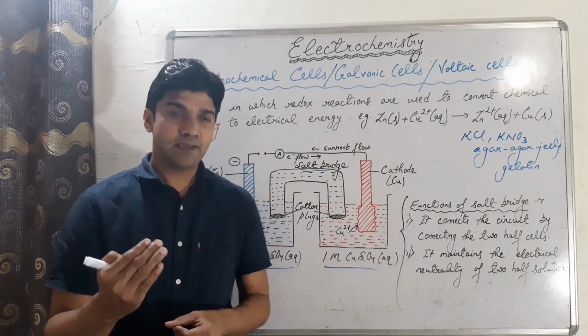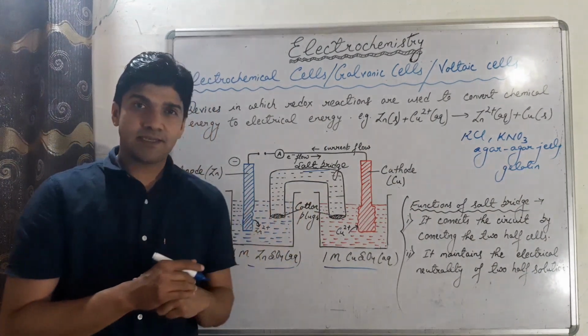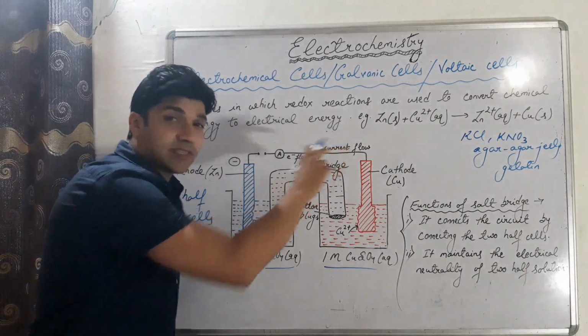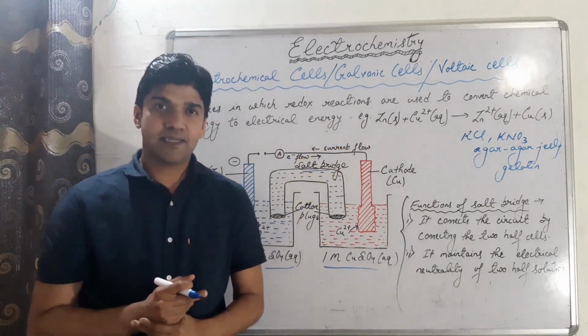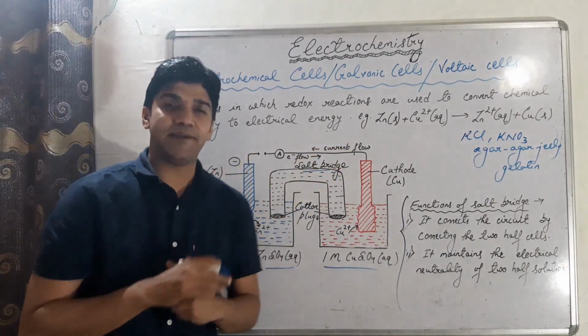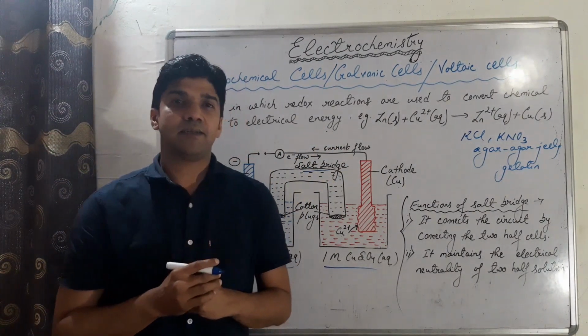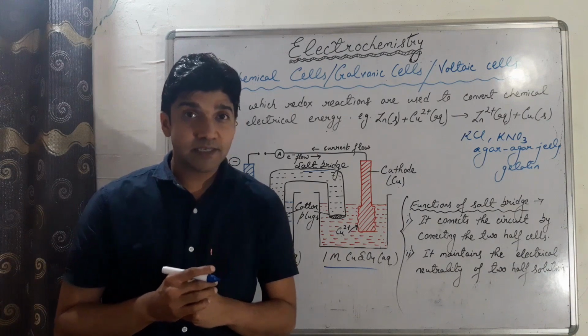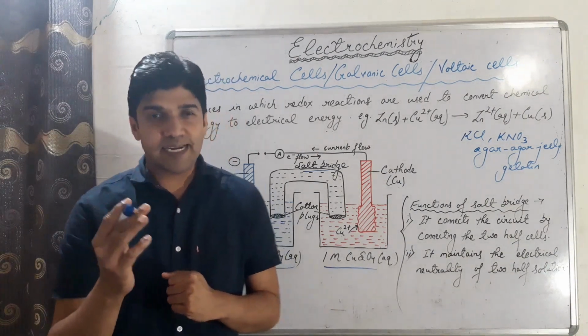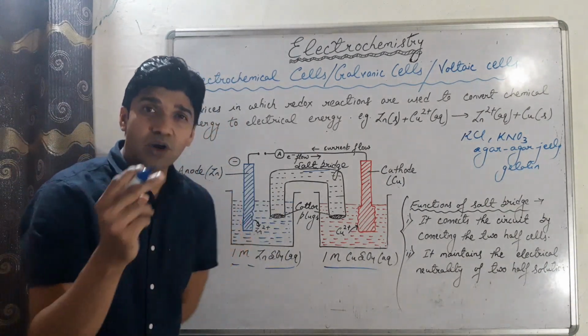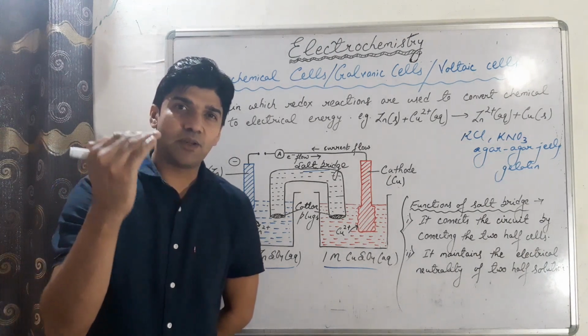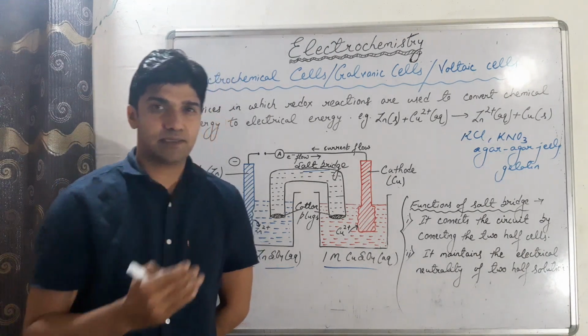And when the two half cells are connected with the connecting wires and we insert the key, then we have the following observations. What are the observations? First observation is that zinc rod gradually loses its weight.